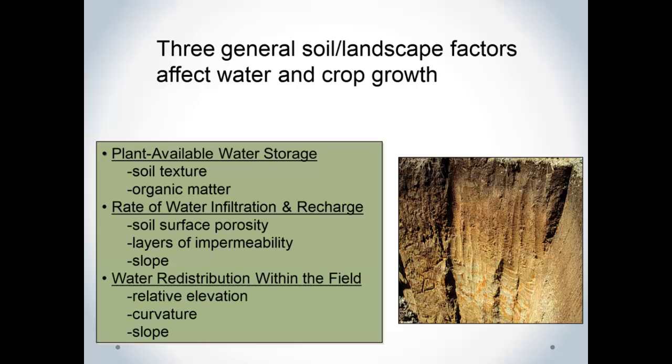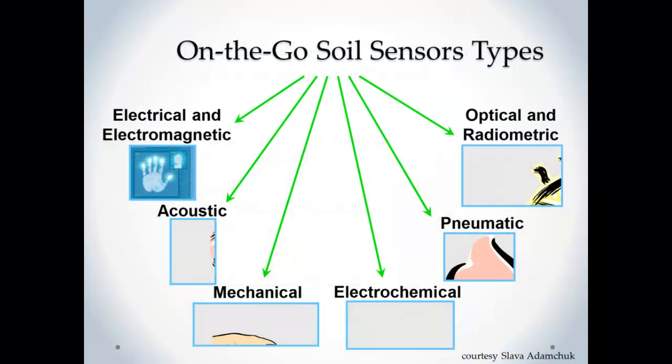And then water redistribution within the field, where relative elevation, curvature, and slope are factors that help drive that. So there are things that in principle we can see are going to make a difference and help define the site-specific nature of a soil and its ability to take in water, store it, and make it available for plant growth. Because year in and year out, that is still the factor that's going to affect plants.